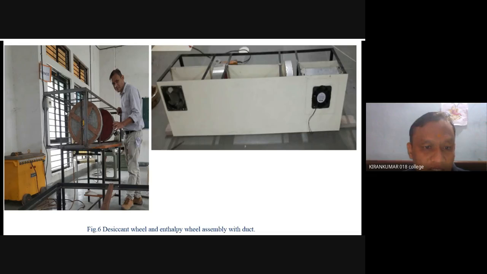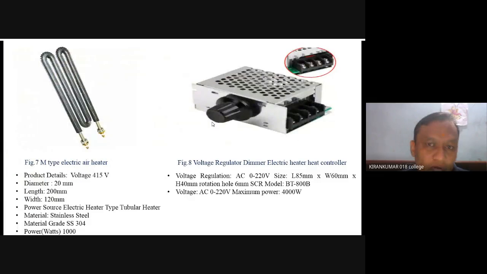This is the alignment and mounting of the transmission system, as well as the alignment of the enthalpy wheel and the desiccant wheel. According to my requirement, the size of the duct is now converted into 8 inch by 15 inch.